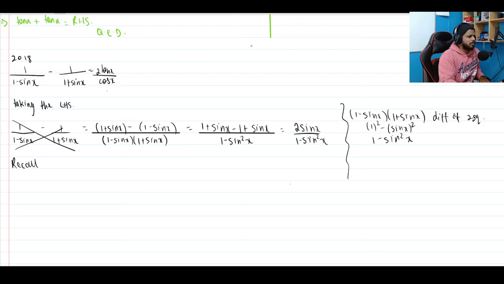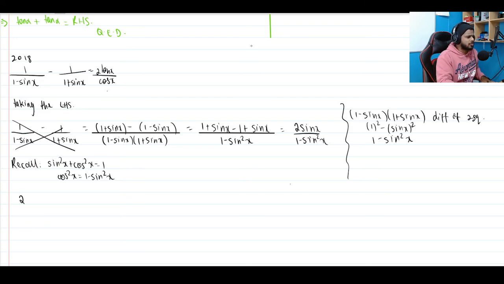I'll recall. Now, I'm not going to multiply by anything because I still have a substitution I can do. Recall that sine squared x plus cos squared x is 1. So cos squared x is 1 minus sine squared x. So my denominator is actually cos squared x.